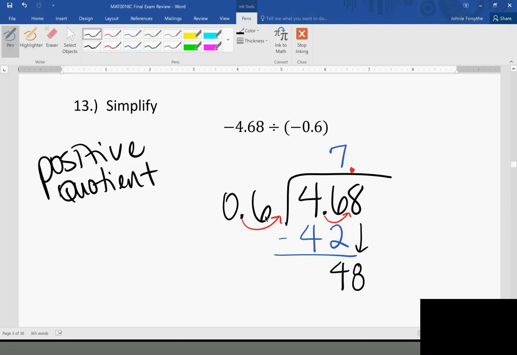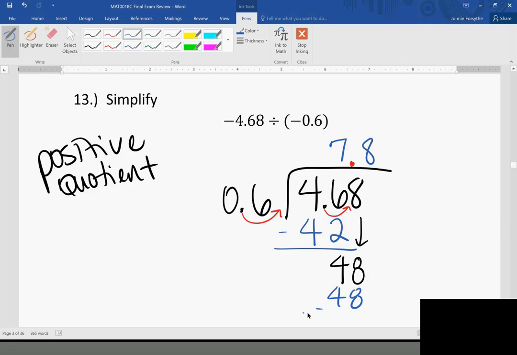And now 6 divides into 48 8 times. 8 times 6 is 48. And then when we subtract, we get a remainder of 0. So the final answer, the quotient, is a positive 7.8.